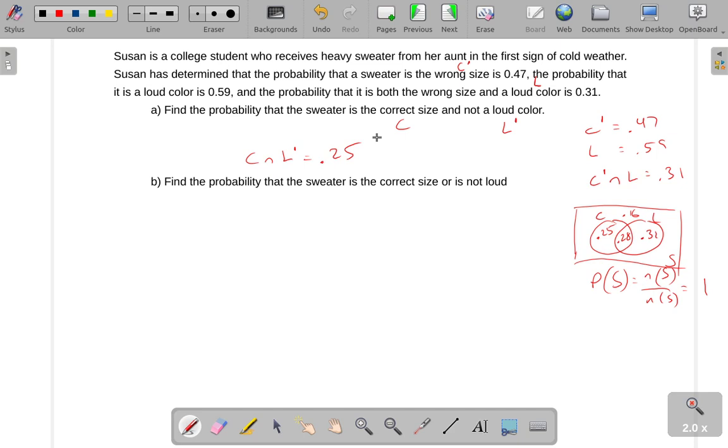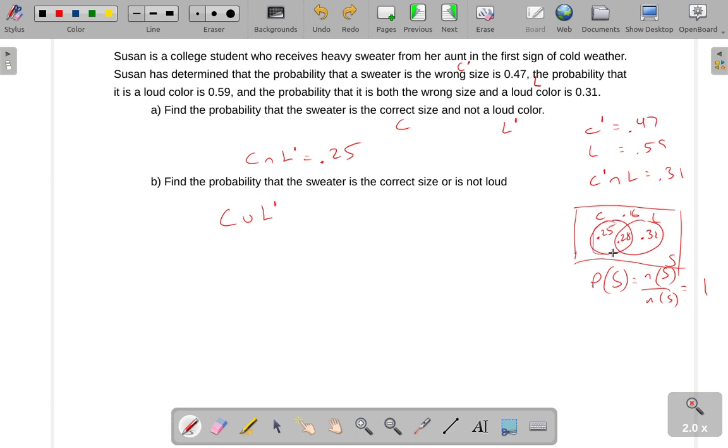Now find the probability that the sweater is the correct size or is not loud. When we're dealing with intersections, we get more restrictive. C intersect L is the overlapping area, and C intersect L complement was more restrictive: instead of all of C, I had to cut the intersection area out.